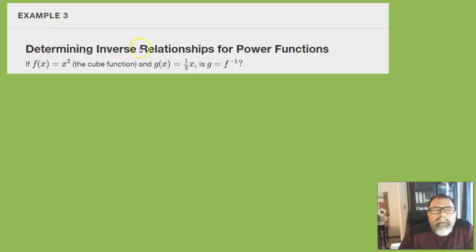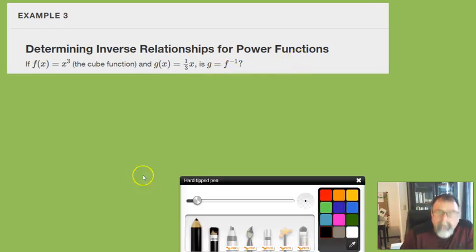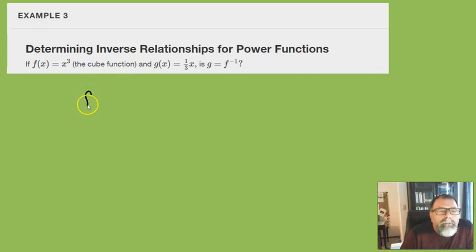Example 3, determining inverse relationships for power functions. If f of x is equal to x cubed, the cube function, then g of x is equal to 1 over 3 times x. Is g equal to f inverse? Alright, so we're going to try both directions. f of g of x equals f of 1/3 x.